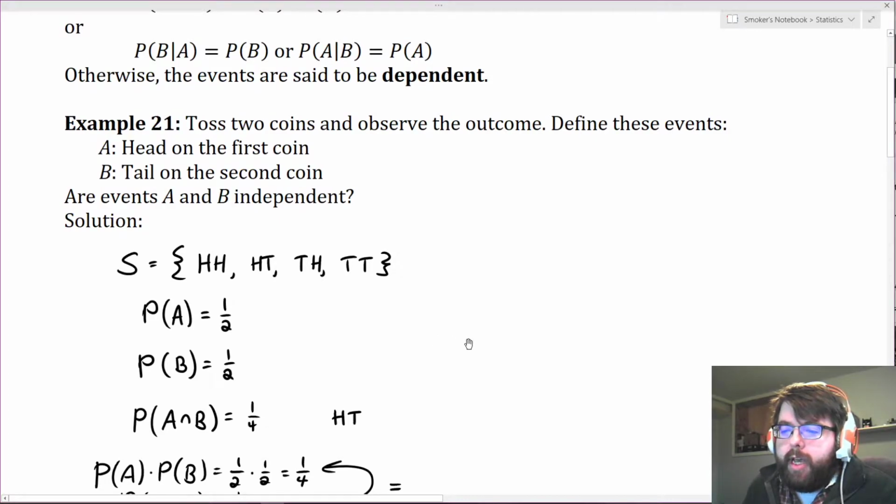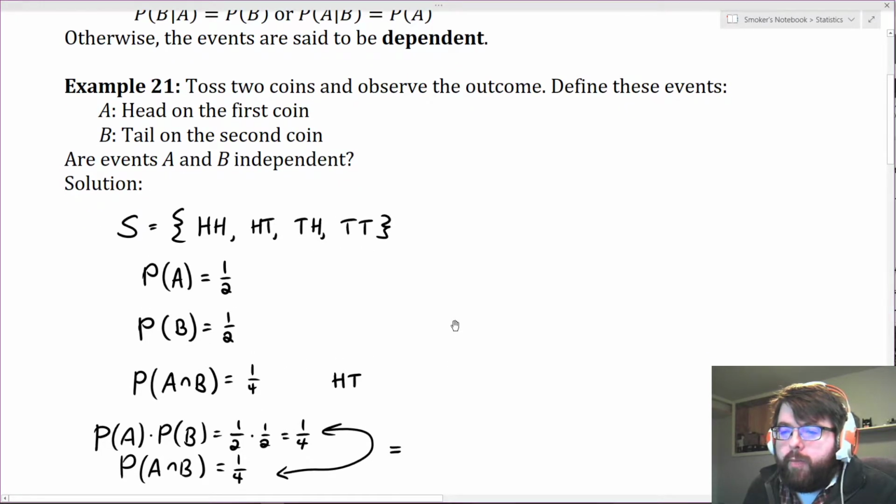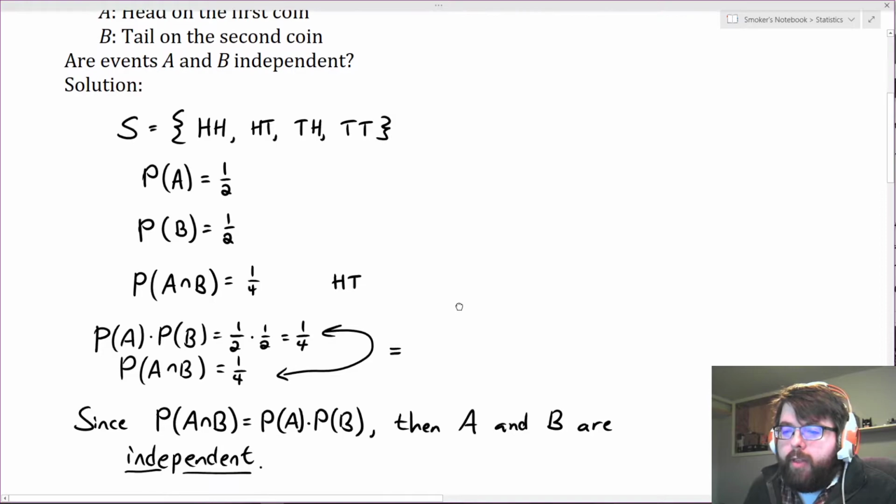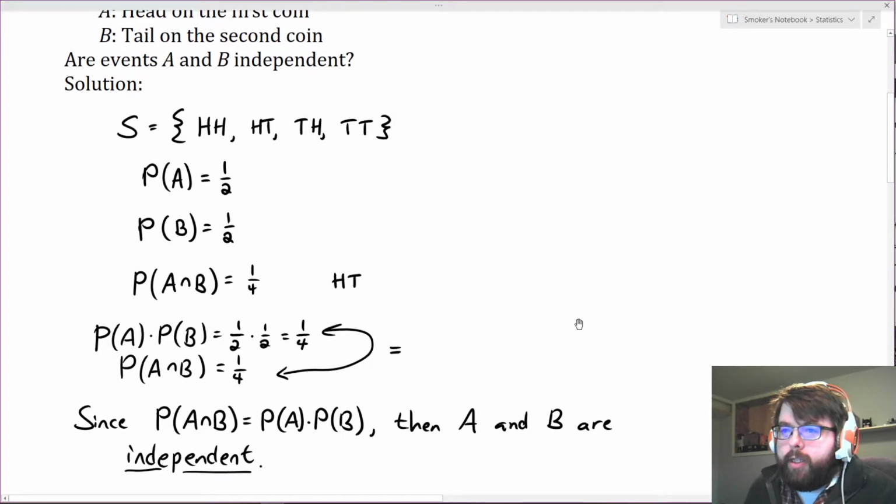The probability of A times the probability of B is 1/2 times 1/2, which is 1/4. These are equal. Okay, they are independent events. The outcome of one event does not affect the outcome of the other, because 1/4 is equal to 1/2 times 1/2.